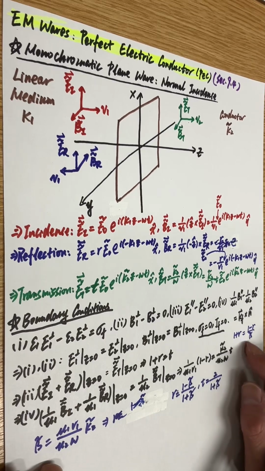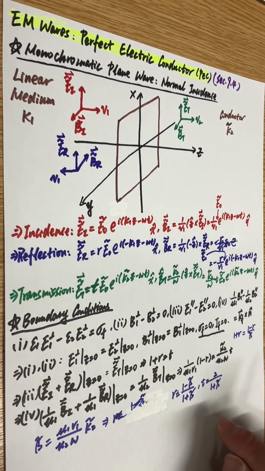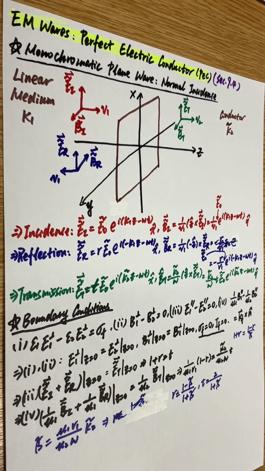Okay, so you can confirm based on this, and you have 1 plus R equal to T, that gives you T.